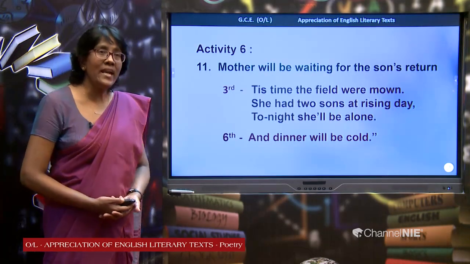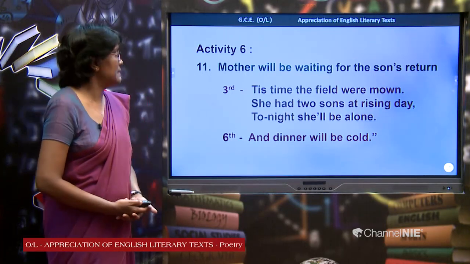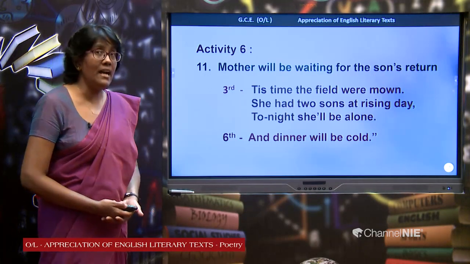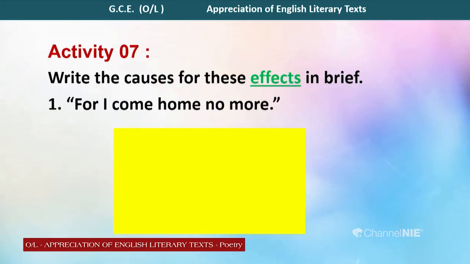Right. Now you can see mother will be waiting for the son's return. Third line it says, this time the fields were mown. She had two sons at rising day. Tonight she'll be alone. 6th verse, and dinner will be cold. You can clearly identify that fact in those lines.